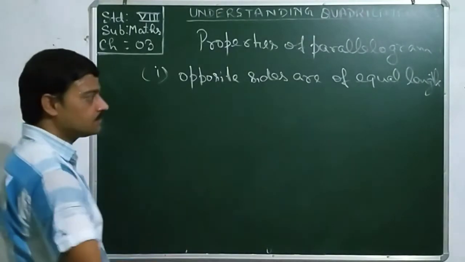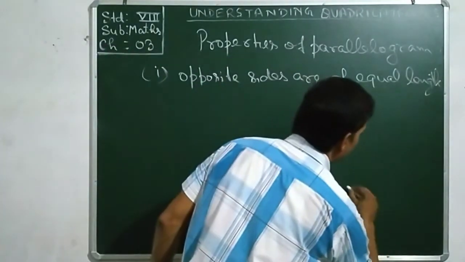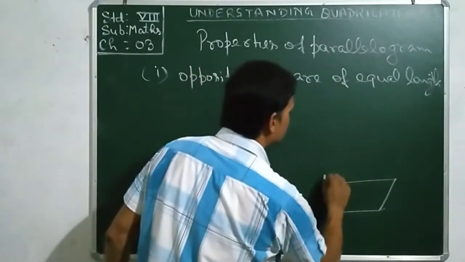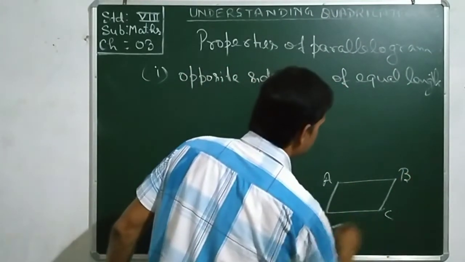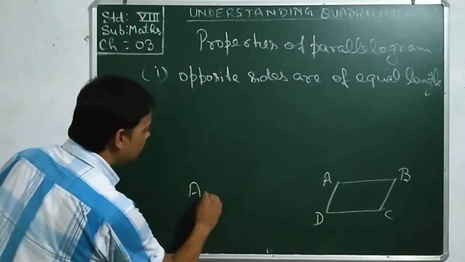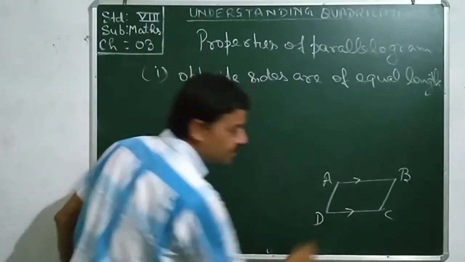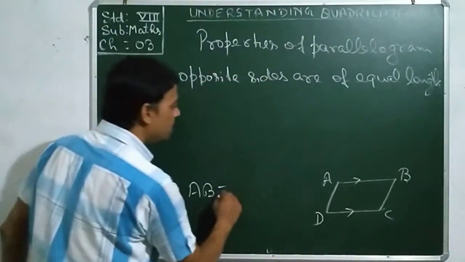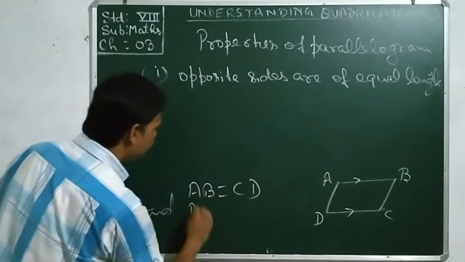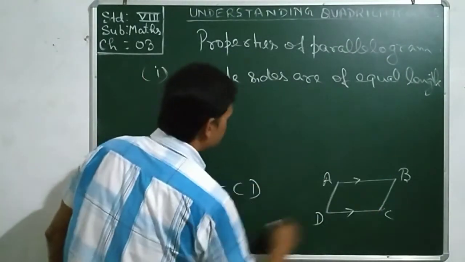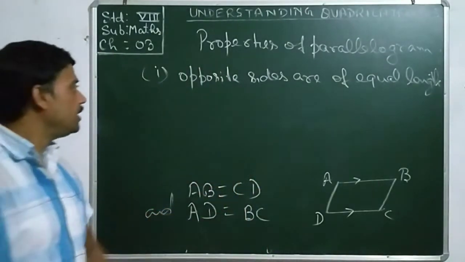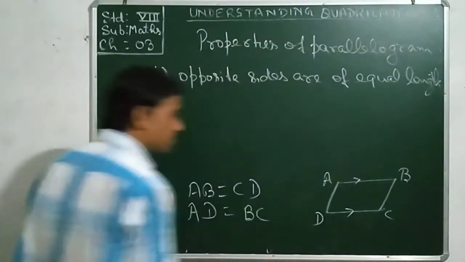That means, take the example ABCD. Here AB and CD are opposite sides. AB equal to CD and AD equal to BC. Opposite sides must be equal. That is the first property.